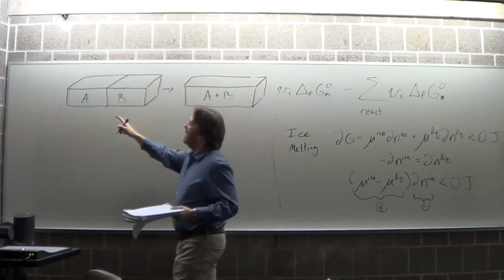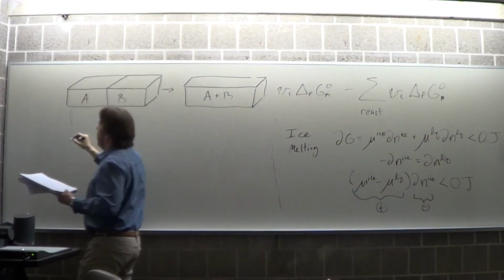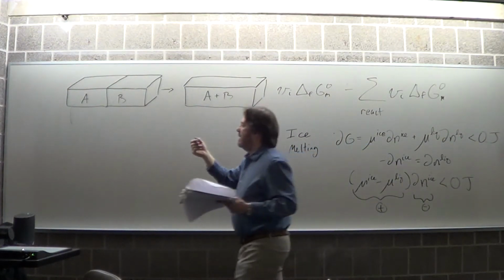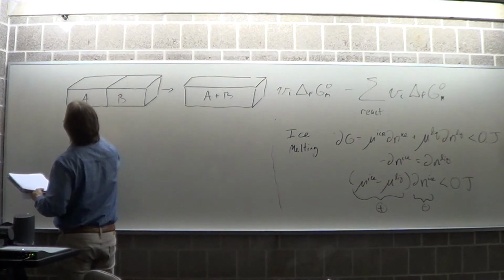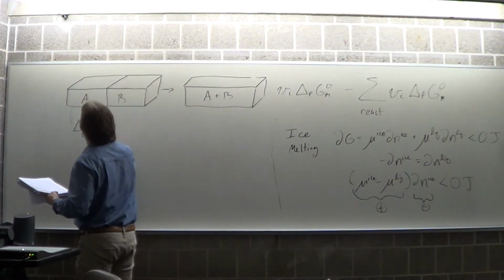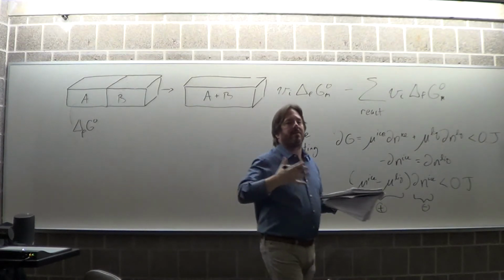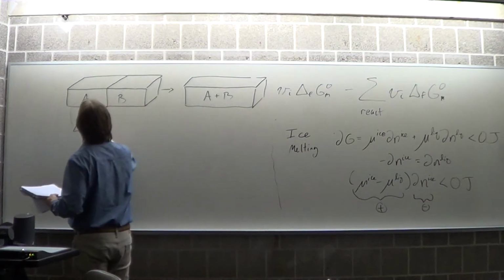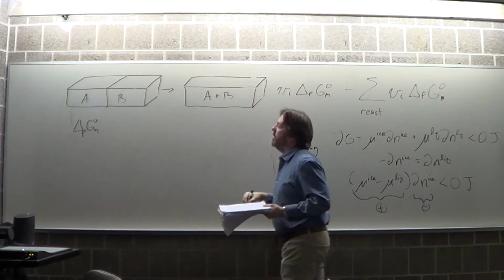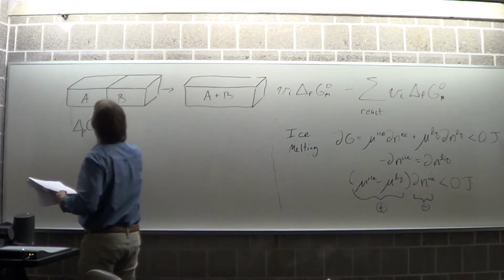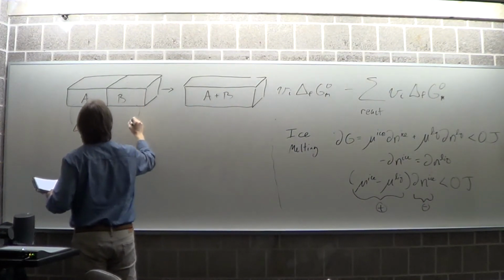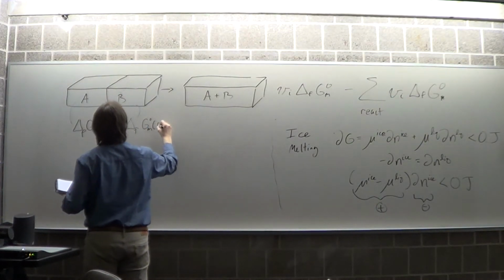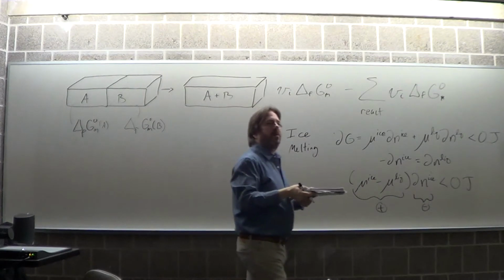Okay, initial state. Now, we know that we're going to use what? What's the thermochemical data we have for A? Knowing that we don't know the true intrinsic G, we use the formation G. We'll assume that we have 1 mole of it, so we'll use the per molar value, and this is of A. And this is the thermochemical data we have from the table in the back of the book for B, assuming that we have 1 mole of it, so we look at the per molar value.